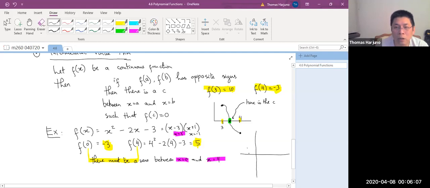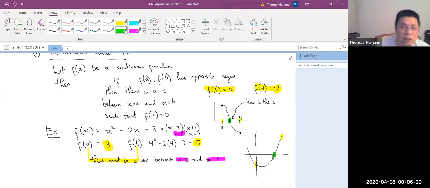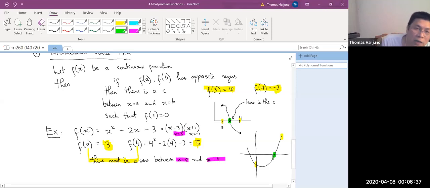It looks like this approximately. Notice that f(0) gives me -3, and f(4) gives me +5, and somewhere in between, the graph crosses the x-axis. So the intermediate value theorem says that if f(a) and f(b) have opposite signs and the function is continuous, then there must be a 0 in between. It doesn't say there must be only one 0. There could be more than one.